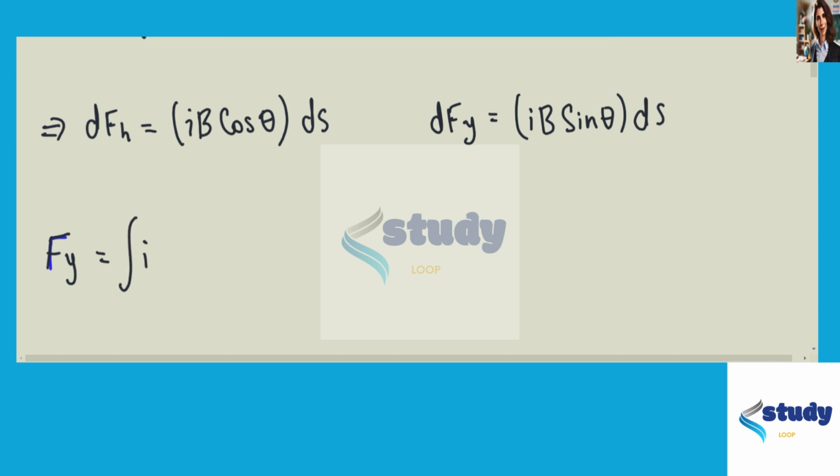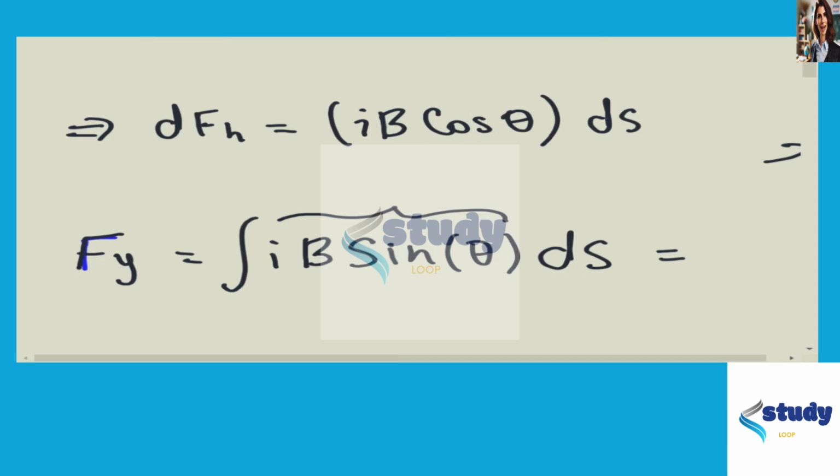So what we need to do now, since we have a differential, is to integrate that. When we integrate, the y component of the force, which is the only one that is contributing, is the current times the magnetic field times the sine of theta and the ds, the tiny segment that we choose. Now in here we can see that all of this is a constant, so we can take it out of the integral.